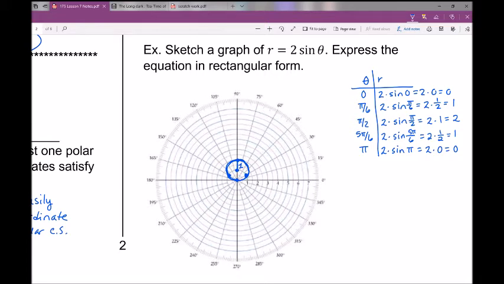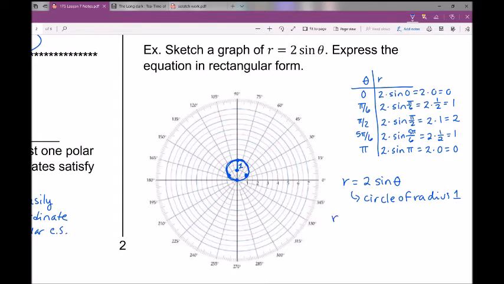Okay, so what this equation makes, r equals 2 sine of theta, this makes a circle of radius 1. But this time it's not centered at the origin, it's centered somewhere else. So if we wanted to find a rectangular equation for this, we could start with our general formula.